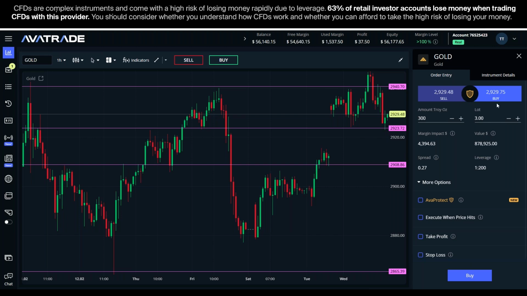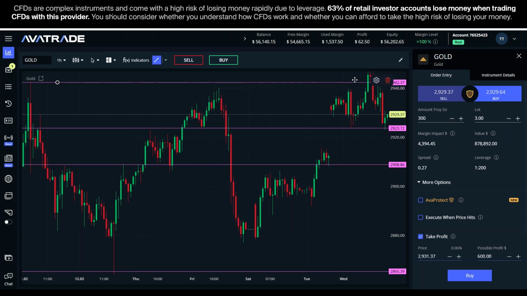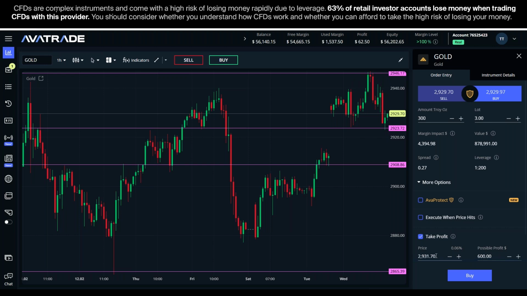So if I'm going to buy on this in the direction that I think the fundamental news should go, then I need to take profit at a spot that makes sense to me, which could be today's high. It was up here at 29.46 not that long ago. So it doesn't even have to break today's high to go to 29.46.